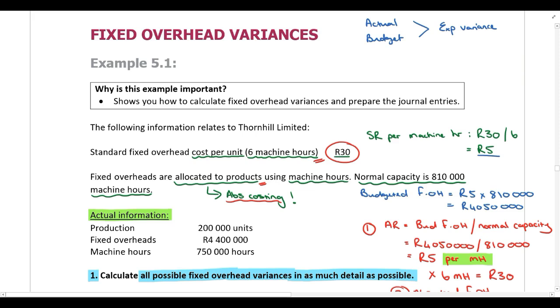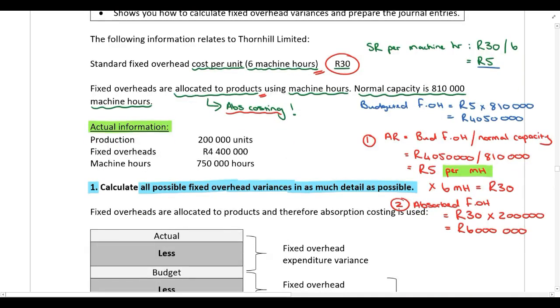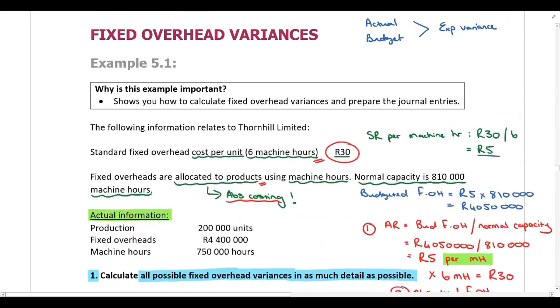So our calculations will stop there. However, this company uses absorption costing. So we can calculate an absorbed fixed overhead. We have already calculated the absorbed fixed overhead. And that means if we can calculate the absorbed fixed overhead, we can calculate a volume variance. So the difference between the budgeted fixed overhead and the absorbed fixed overhead will give me a volume variance.